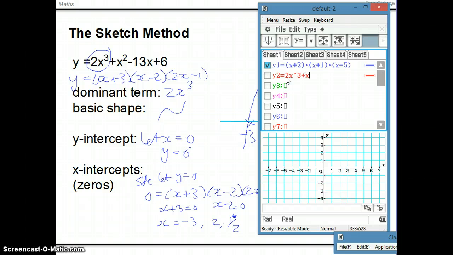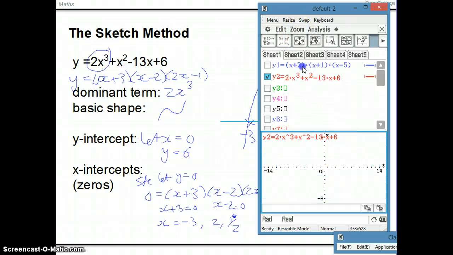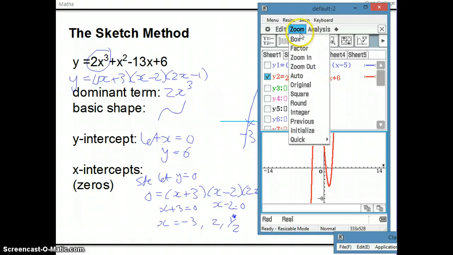2x cubed plus x squared minus 13x plus 6. Untick anything else you've got there and we'll sketch that. If we just zoom out on that a little bit, and a bit more.